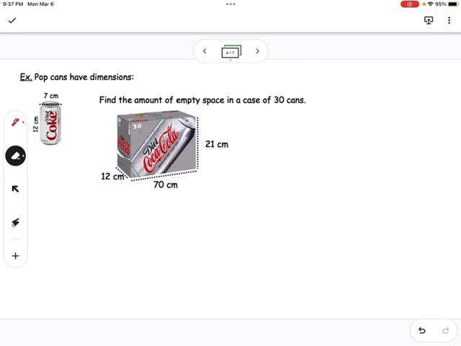Find the amount of empty space in a case of 30 cans. So we need to find the volume if we're looking for empty space. We need to find what the volume of the entire case is, as well as the volume the cans will take up within the case.